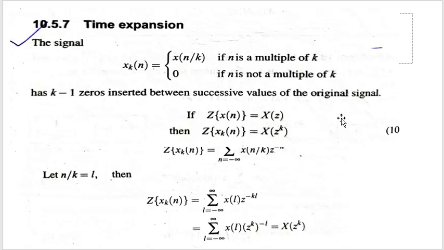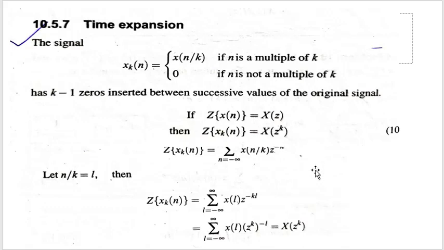In that scenario, if the z transform of x of n is represented as X of z, then for the expanded signal xk of n, its z transform would be X of z power k. Please understand these notations.